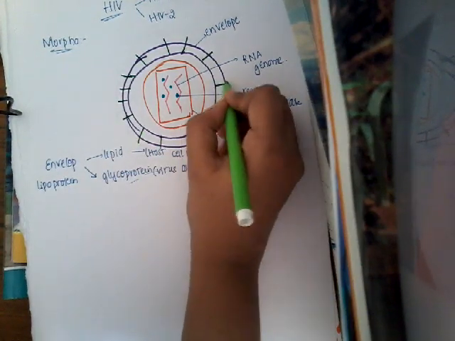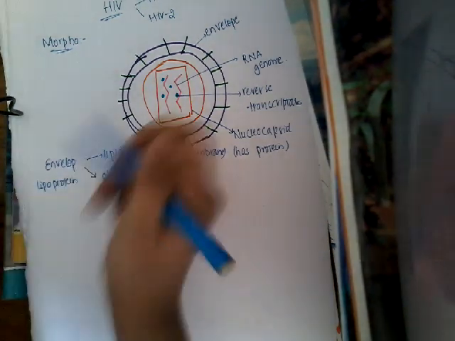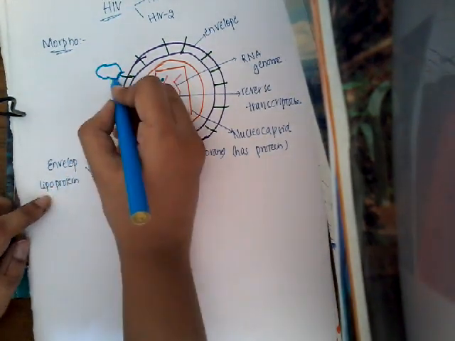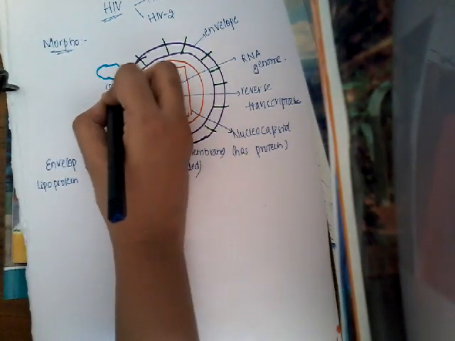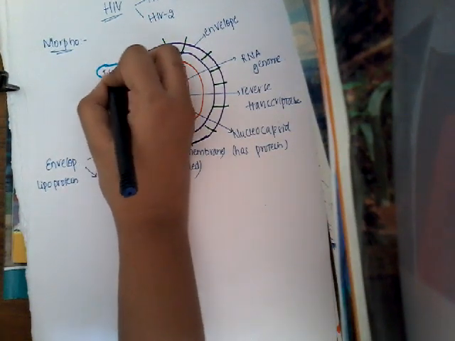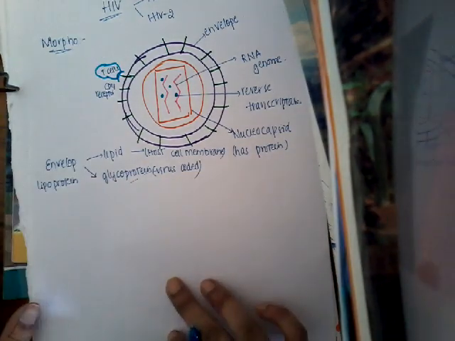What do these projecting spikes do? They bind to host cell receptors. These projections bind to CD4 receptors of T cells, or any host cells. That is the main use of these spikes.